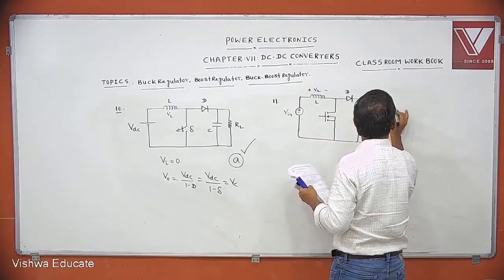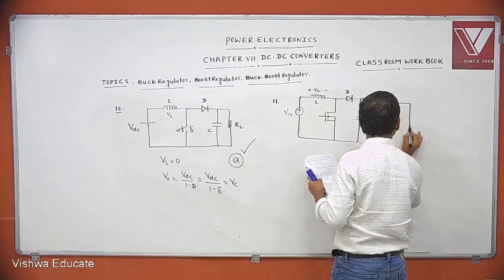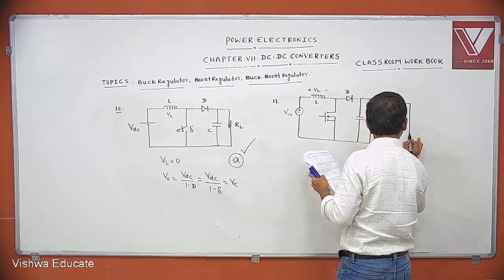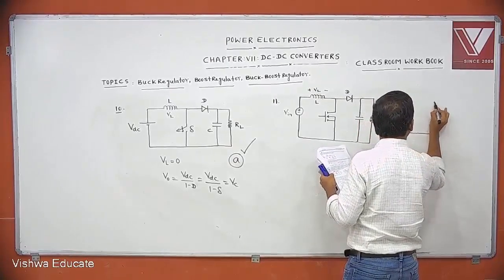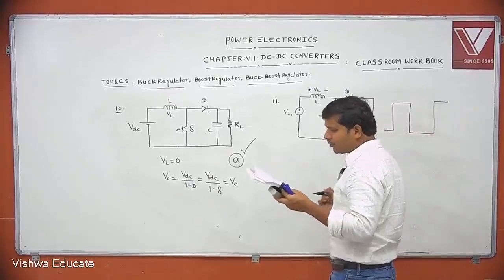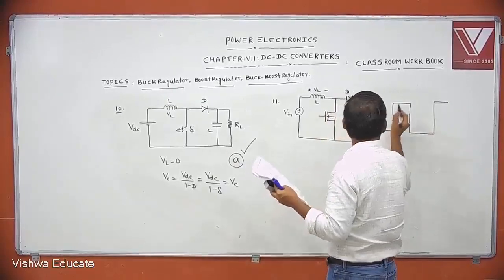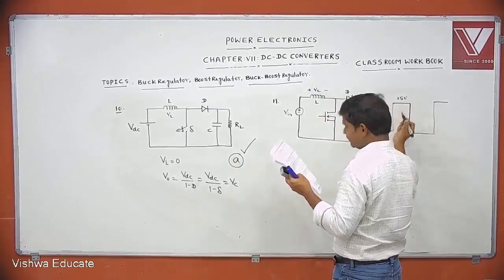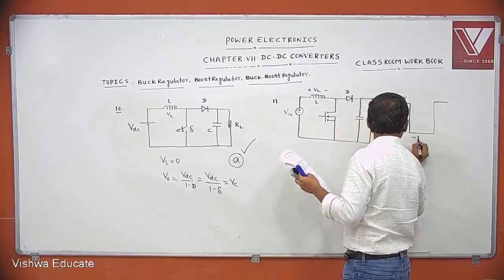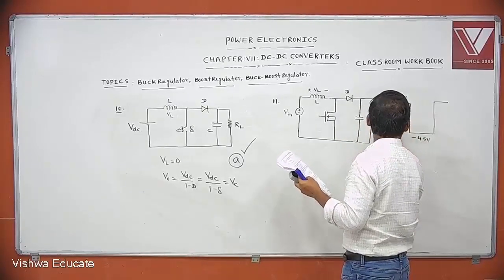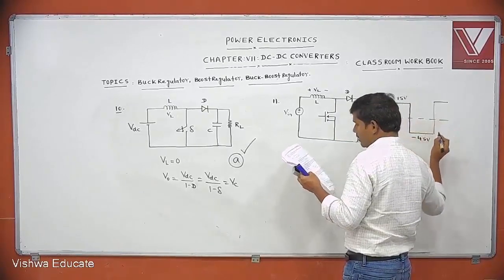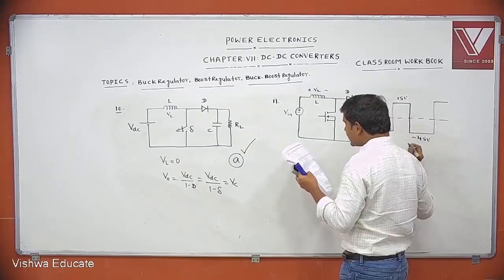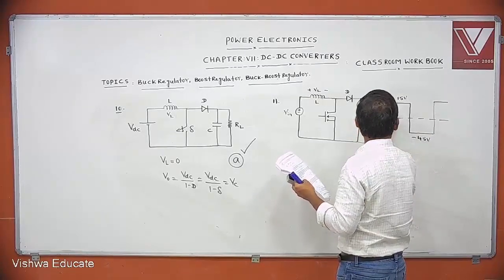This is the voltage across the inductor waveform. This is how much? 15 volts, and this is minus 45 volts. This is VL.